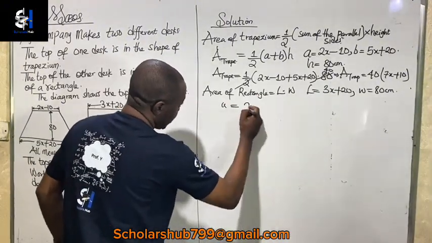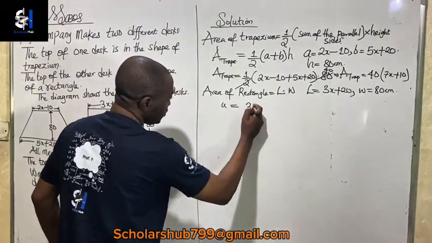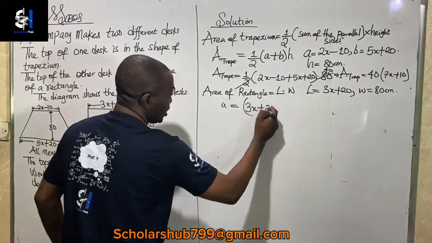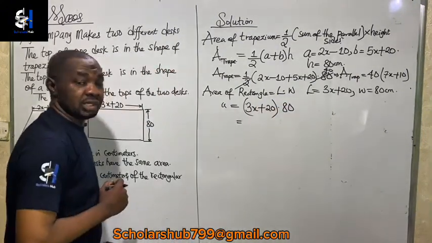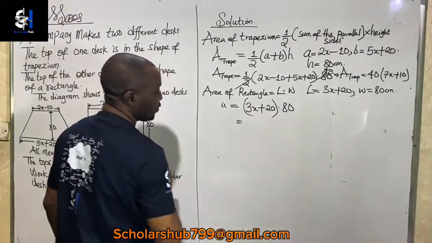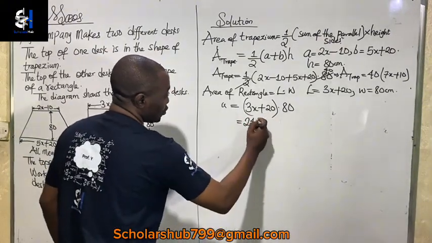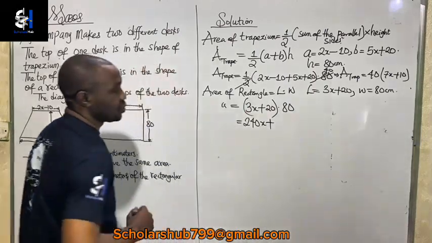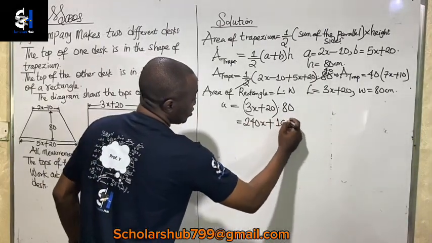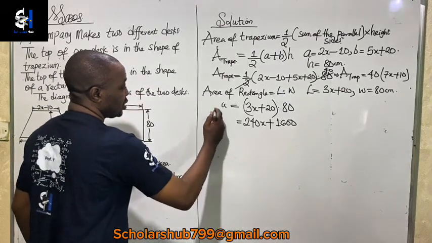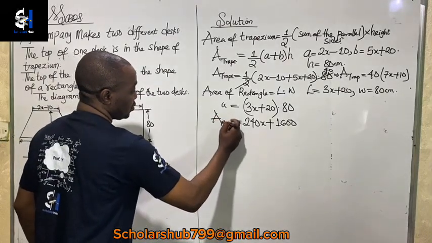When these two are multiplied, we have (3x plus 20) multiplied by 80. We can distribute 80: 80 multiplied by 3x is 240x, then 80 multiplied by 20 is 1600. That is the area of the rectangle.